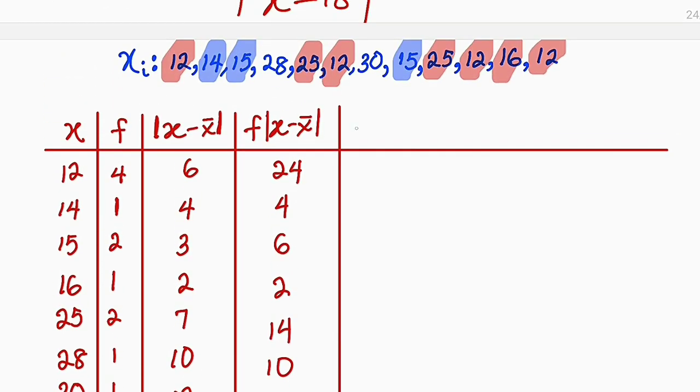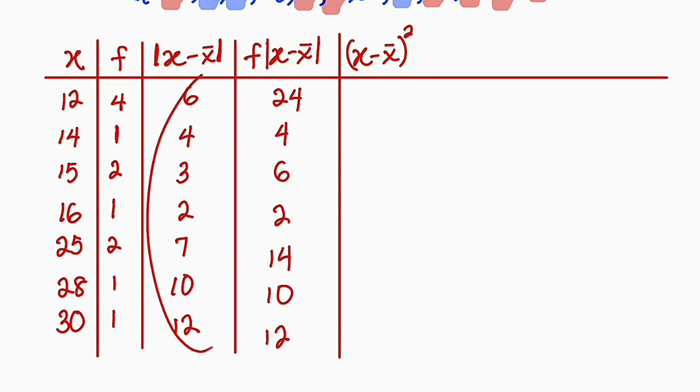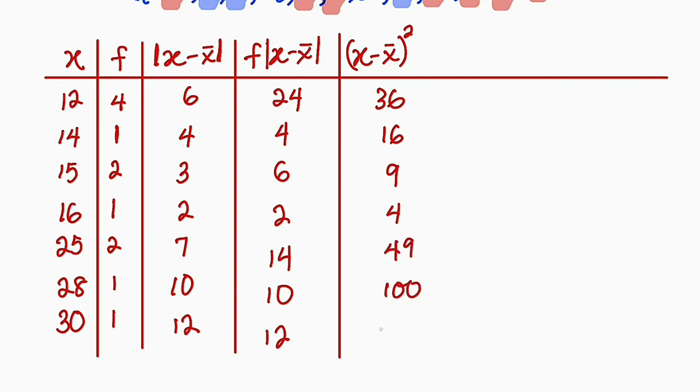I would like to compute for x minus x bar whole squared because we are computing for standard deviation, don't forget. This is x minus x bar. Then we are going to square all these values. 6 squared is 36. 4 squared is 16. 3 squared is 9. 2 squared is 4. 7 squared is 49. 10 squared is 100. 12 squared is 144.